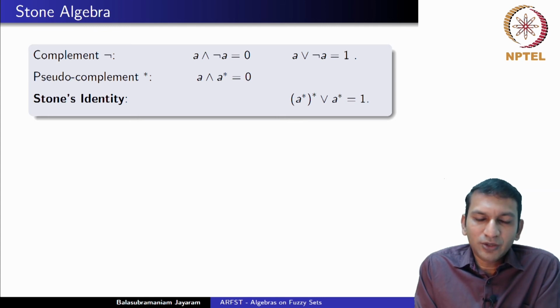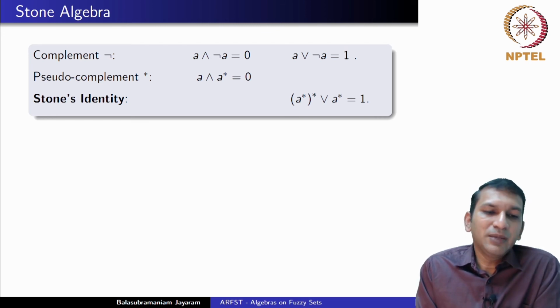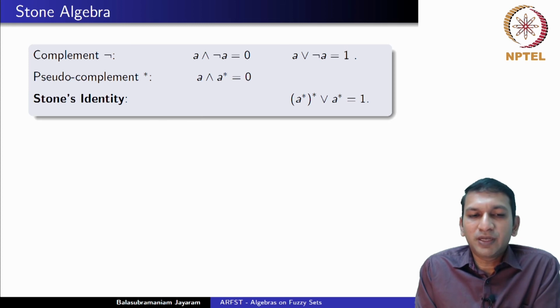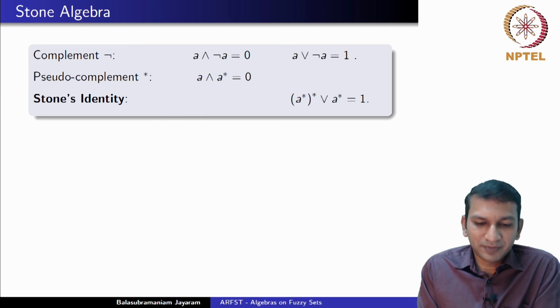You would see the close resemblance to the second identity, which is A join negation of A is 1. However, notice that the complement of A is replaced by the pseudo complement of A, A star, and A itself is replaced by double pseudo complementation, A double star.